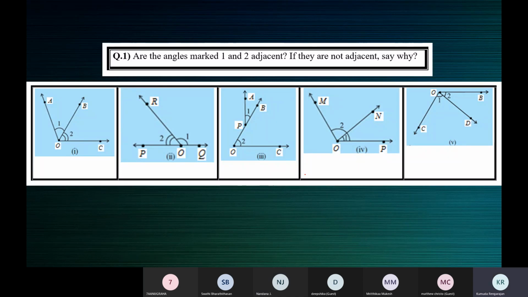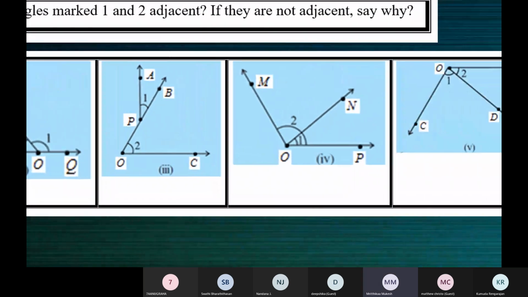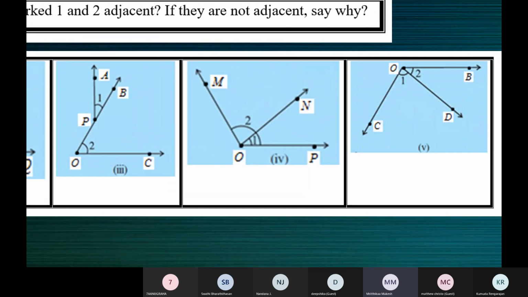Mritika, try the 5th one. Ma'am, this is an adjacent angle. No, we'll answer one by one. Tell me the common vertex.